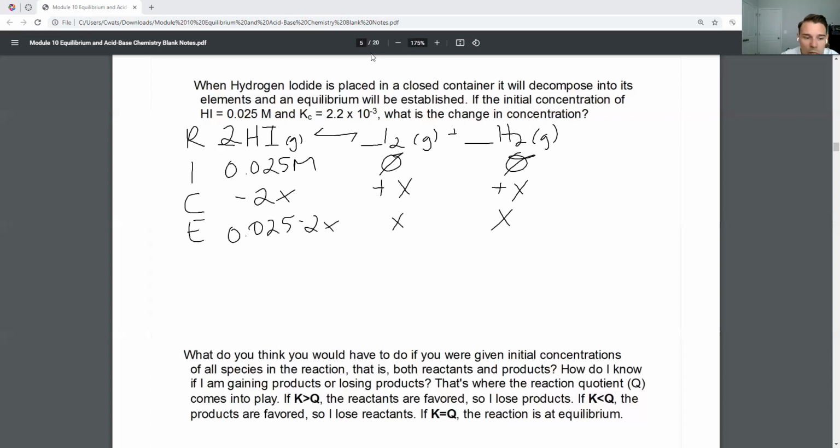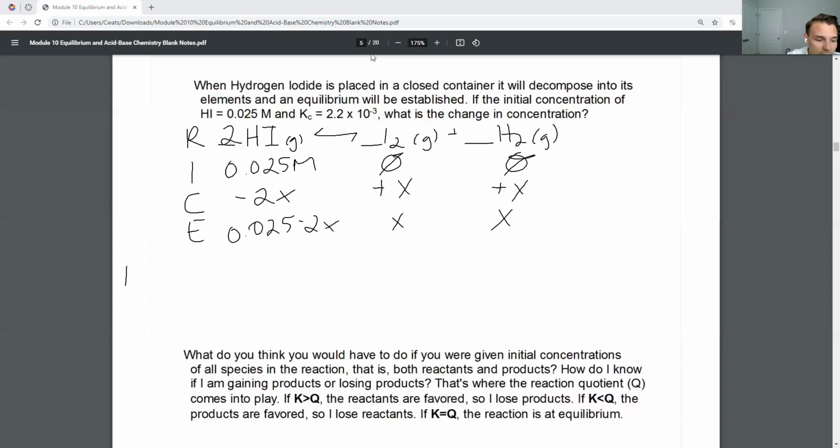So again, what we're going to end up doing is neglect the minus 2x when we solve for x, but we cannot neglect it in our E step, because when we go back to solve for those equilibrium concentrations, we still need to do this.